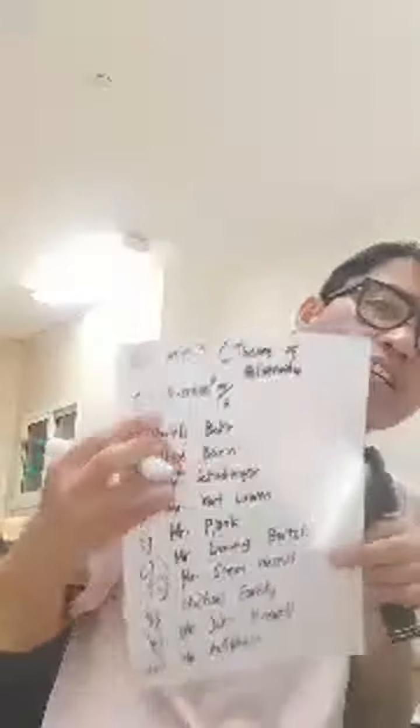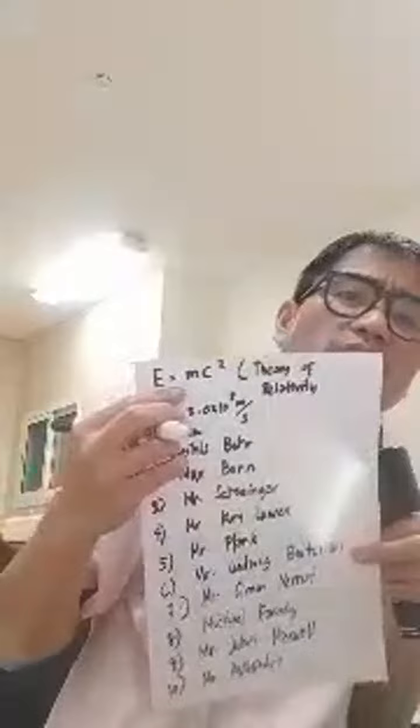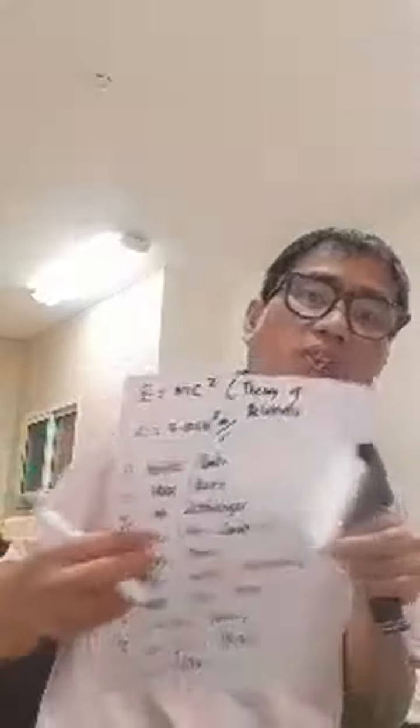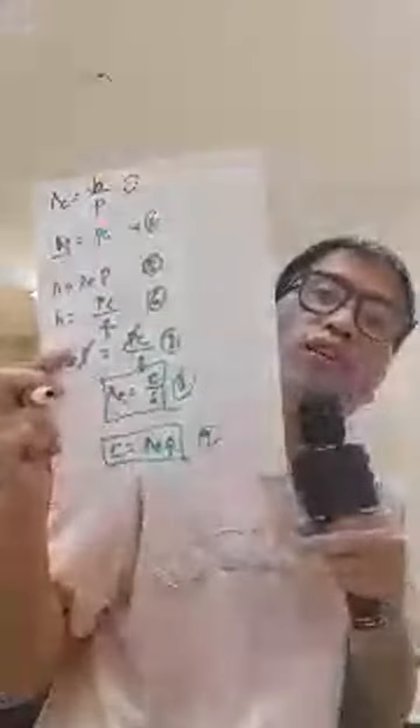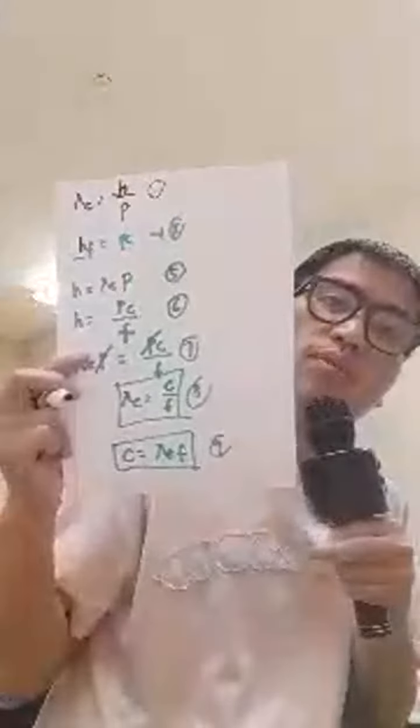Now, since we already derived the mc squared by Albert Einstein, what you notice is there's also a letter c. Equations 8 and 9 both have the letter c. Compute also for the c in equation 8 and equation 9, and substitute that into the theory of relativity of Albert Einstein.